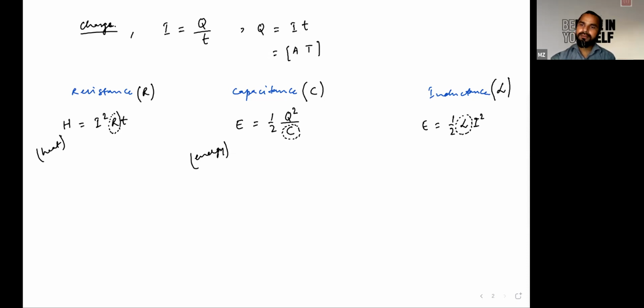Rehab, send me your answer. Because we have to just rearrange these terms to find R, by rearranging, R would be nothing but H divided by I squared into T. Here H is heat, which means energy.